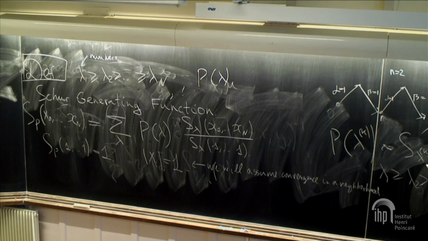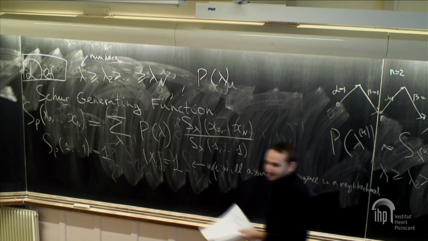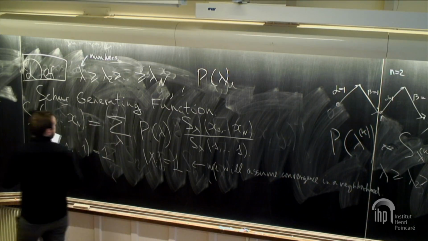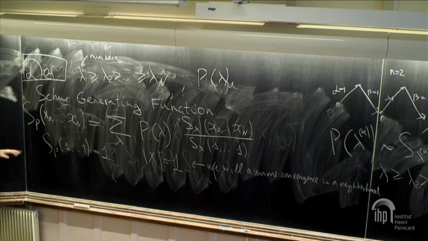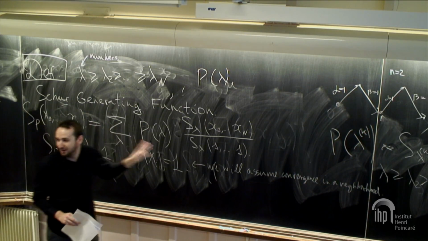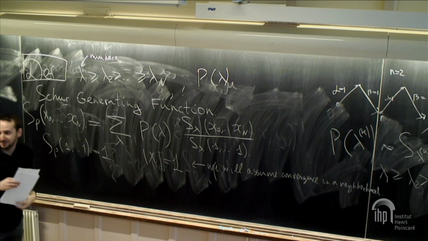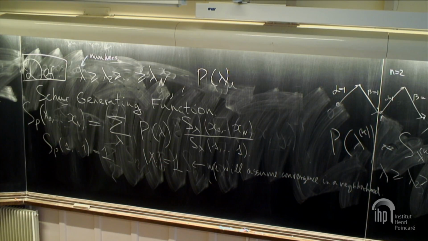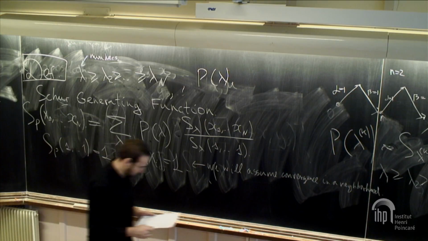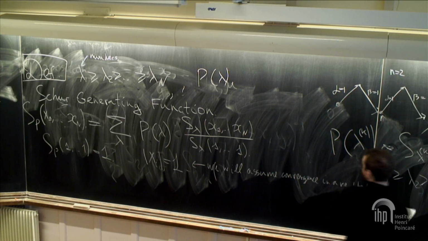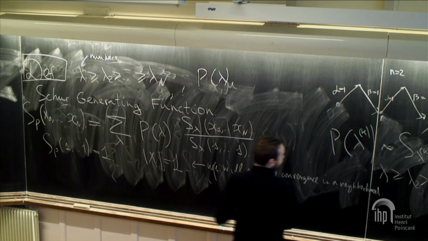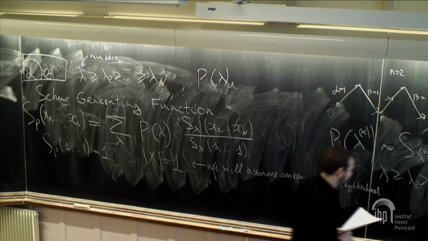We have only finitely many configurations, so the sum converges in all possible senses. In higher generality, you need to assume it. Maybe it's not important, but for now, our method works only in this scenario, when everything converges in a neighborhood. OK, so let's have an example of computing these Schur generating functions, and we will compute it for our Aztec diamond.